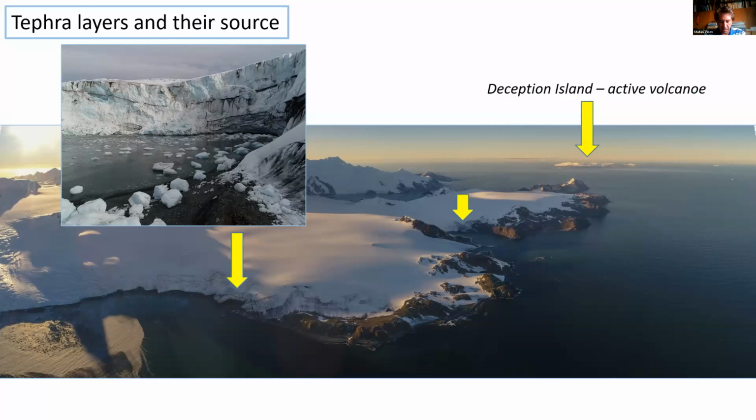Many of the ice cliffs contain dark layers of unconsolidated ash called tephra. The ice and tephra stratigraphy seen in the ice cliffs is a result of deposition within the accumulation zone in the interior of the island and in the glacier.